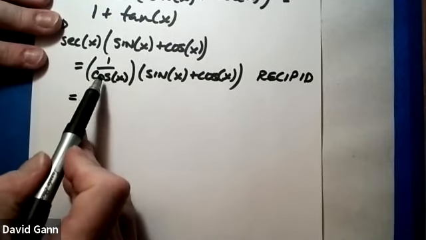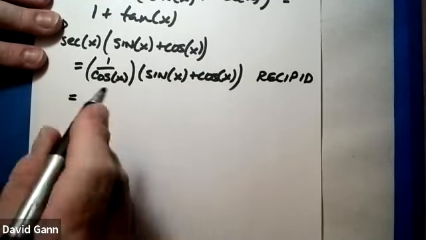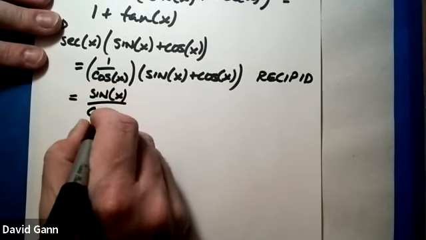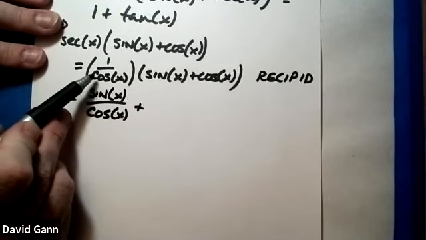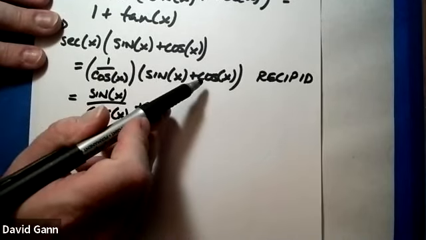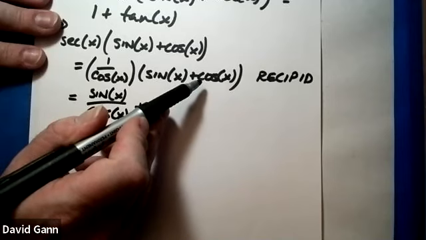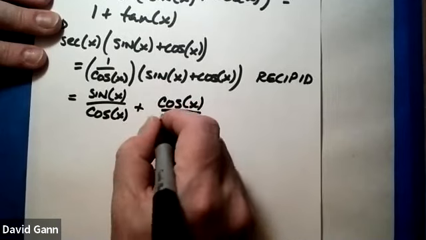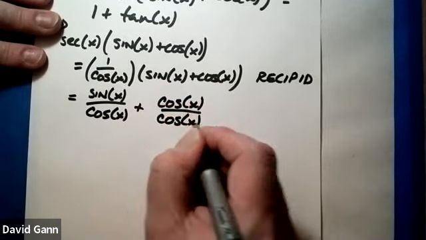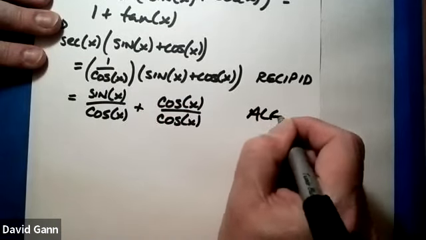And so I have 1 over cosine times sine, which is simply sine of x over cosine of x. Then plus 1 over cosine times positive cosine, so that'll be cosine of x over cosine of x. And that is just simply an algebraic step, right? I mean, that's how the distributive property works in some sense.